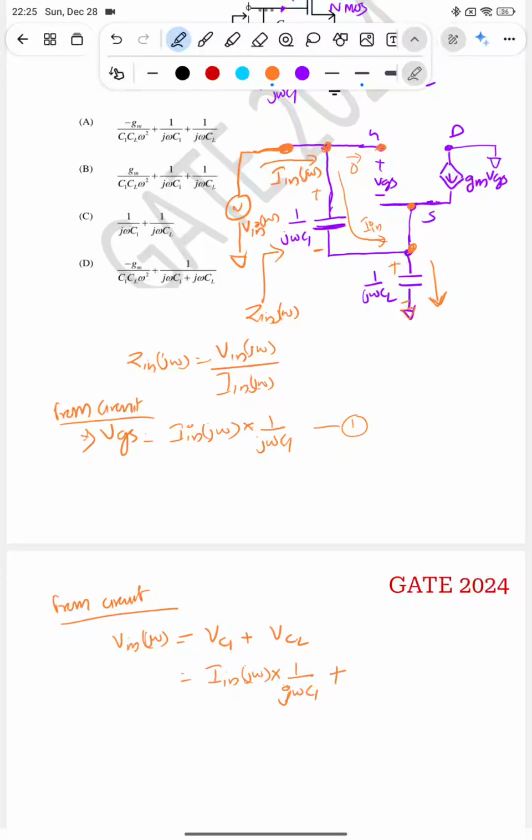Through this node we have the current I in, and there is also some current flowing from up, like this. This is equal to Gm VGS. So the current will be equal to I in plus Gm VGS, flowing through the impedance of CL. So I can write the voltage across CL as I in plus Gm VGS into 1 by j omega CL.